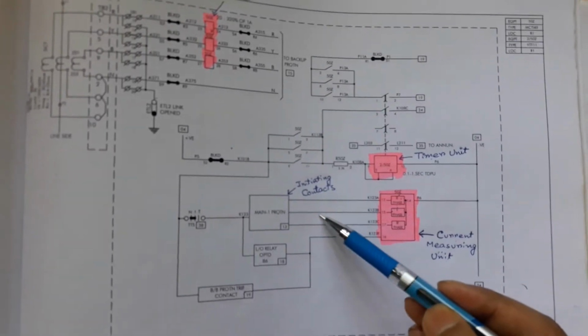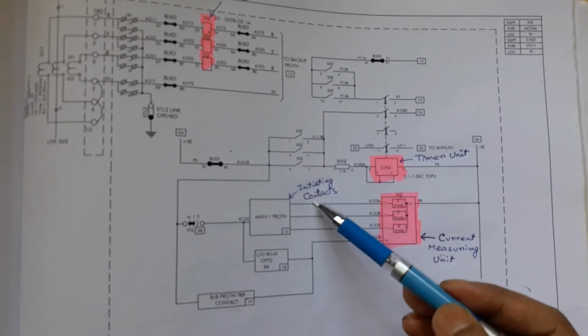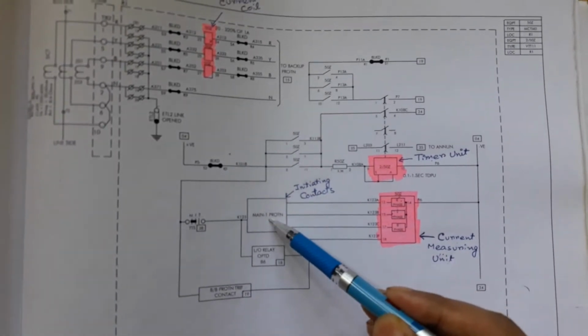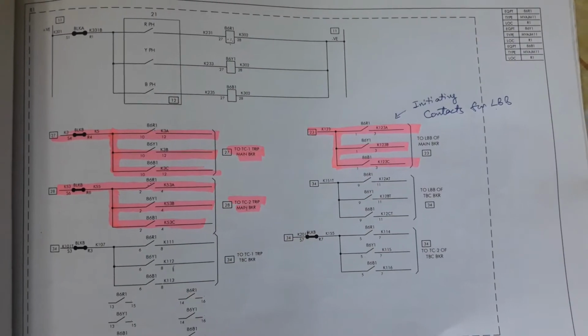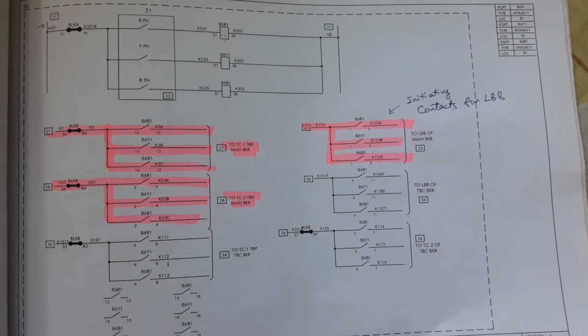LBB initiating contacts are one kind of starter for LBB protection. If initiating contacts are not operated, then LBB will never operate. This circuit is describing the tripping circuit of the distance protection relay.